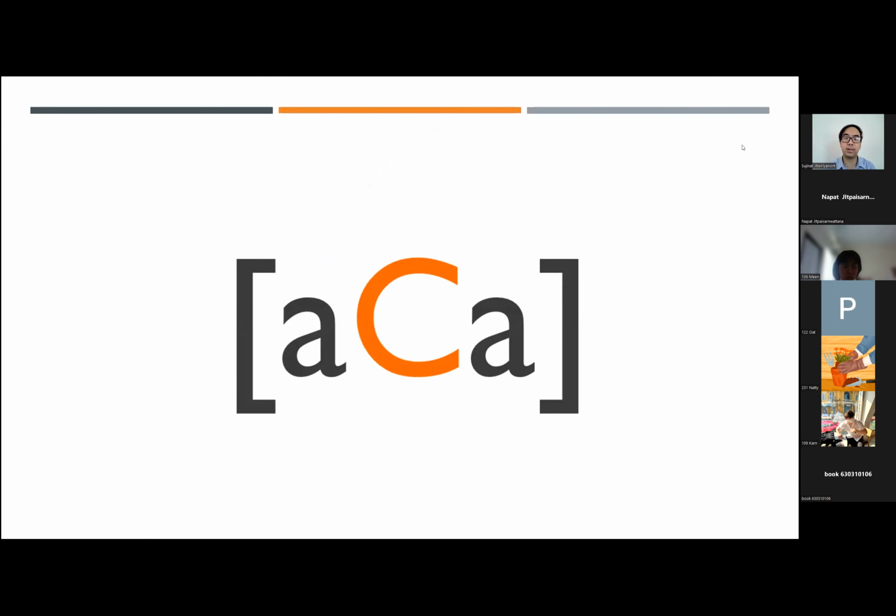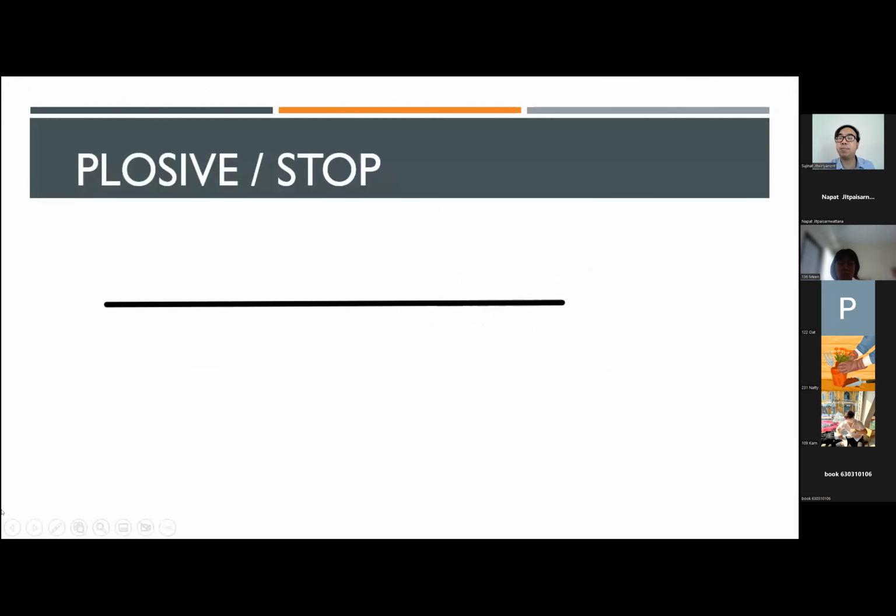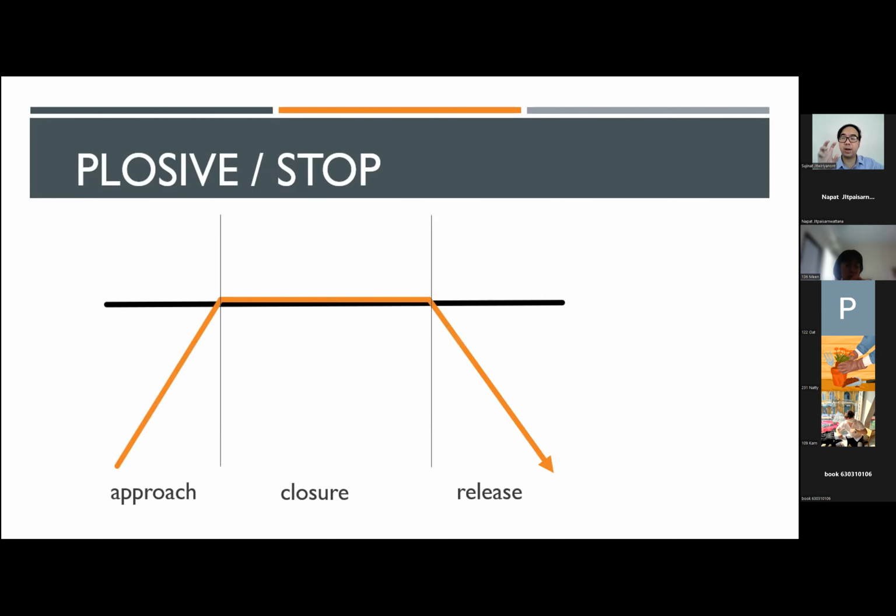This is the consonant between the two vowels. Like the first one is plosive consonant. Plosive consonant is a sound which is produced with a complete closure, like p, t. Okay, the definition of plosive is the constriction is complete.